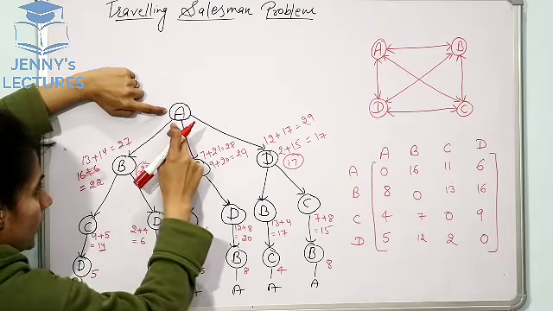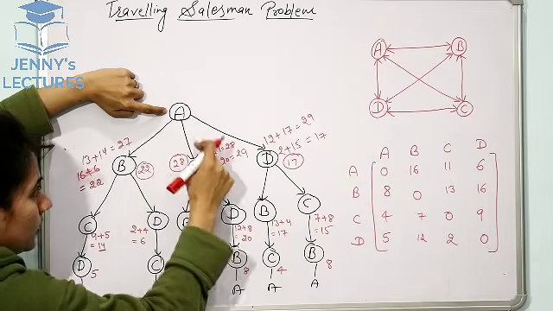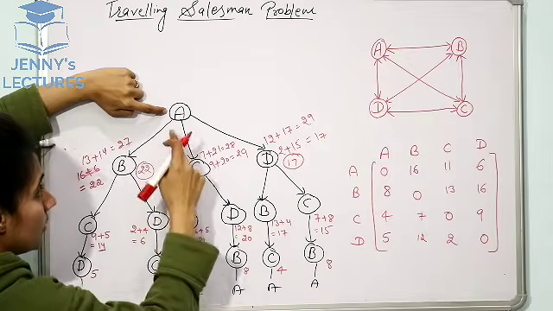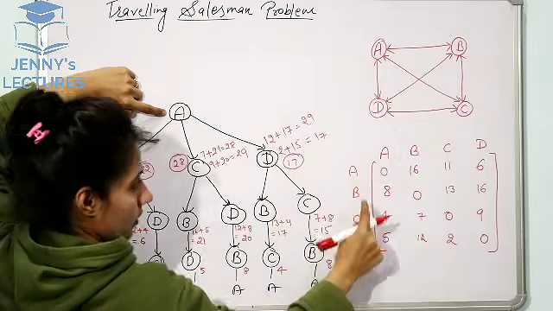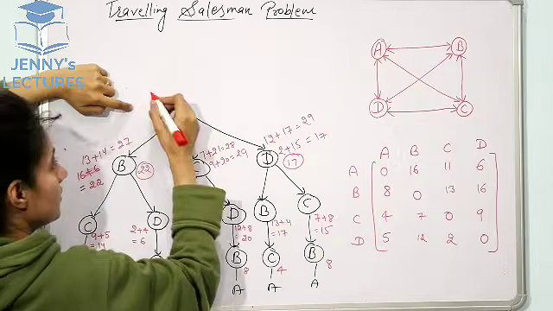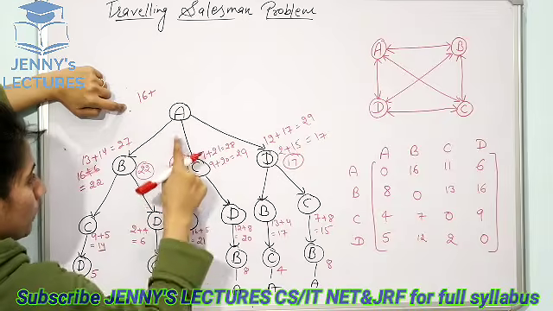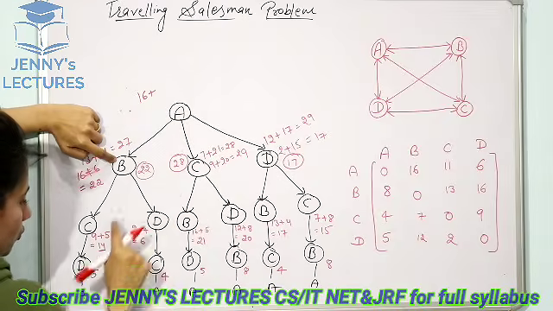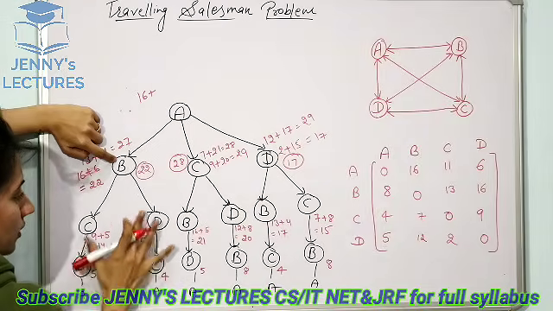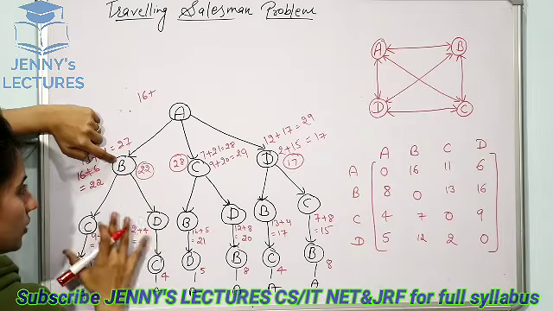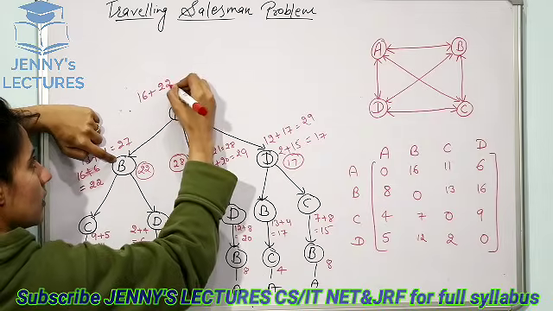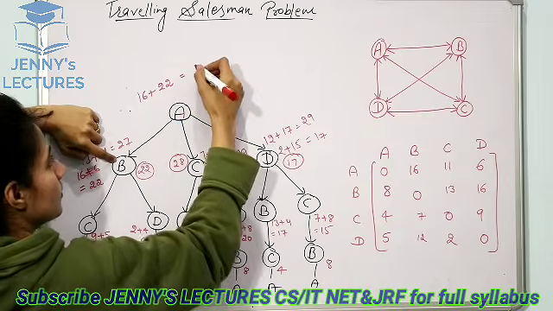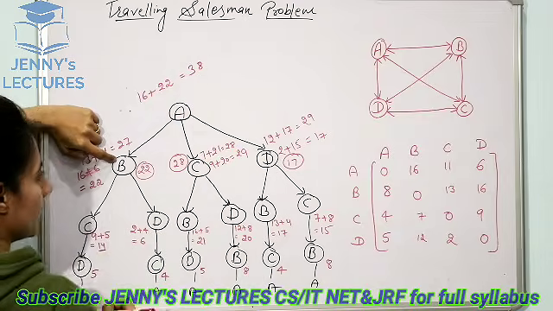Now at A, find out the final distance. From A we have three routes, A to B, C or D. Now calculate through this route, A to B. A to B distance is 16 plus, from B to A we have already found the minimum distance, that is 22. We will take 22 and this would be 38.